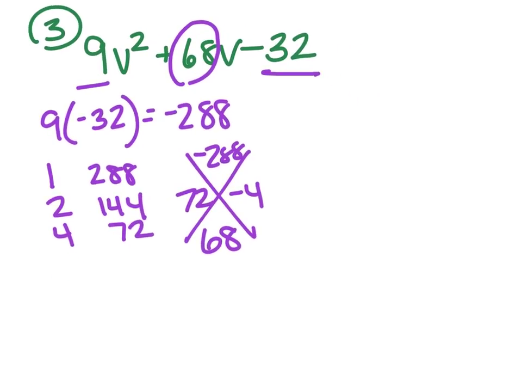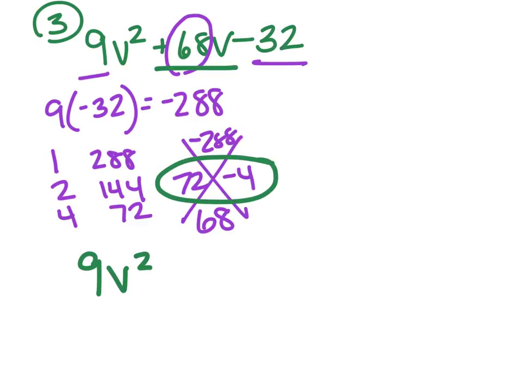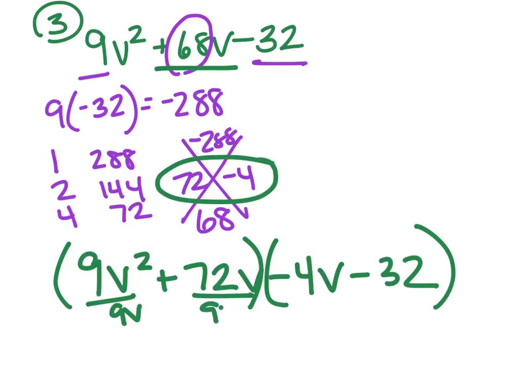So let's now rewrite our original problem and then factor by grouping. So I'm going to split up the positive 68v into plus 72v minus 4v minus 32. Okay. Next, factor by grouping. First two terms have a 9v in common.